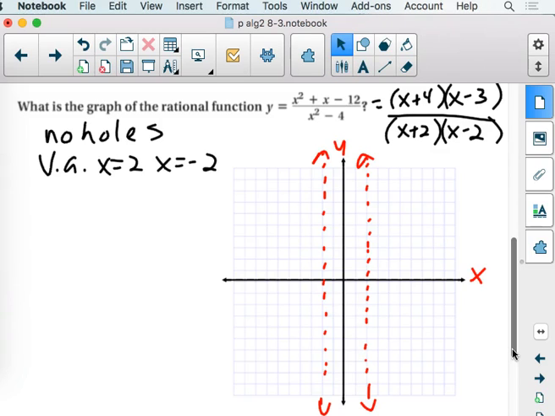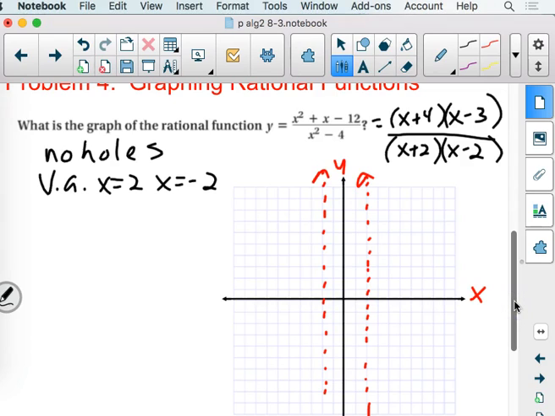All right, so far so good. That's actually a really big help. Other things we want to know. Well, it doesn't have any holes. It has vertical asymptotes. So x-intercepts. There's something about x-intercepts on the yellow sheet. How do we get those? Where the top is 0, where's that going to be 0?